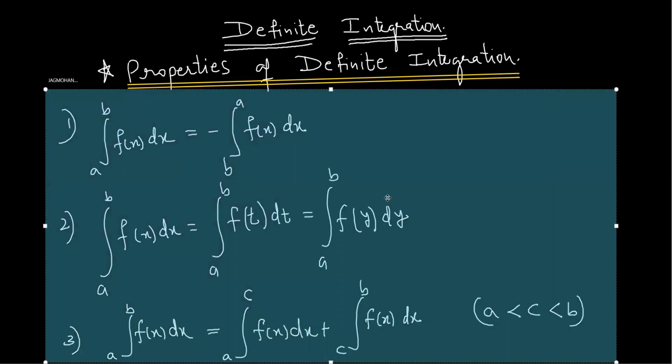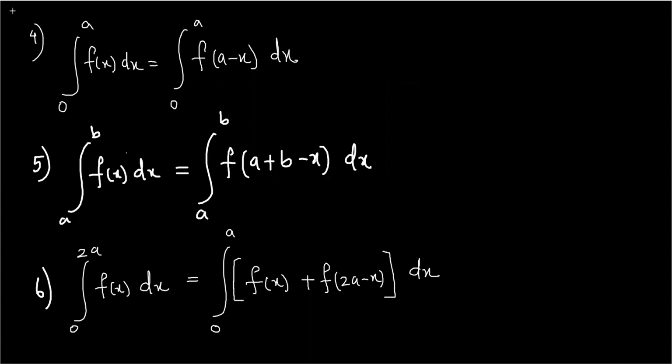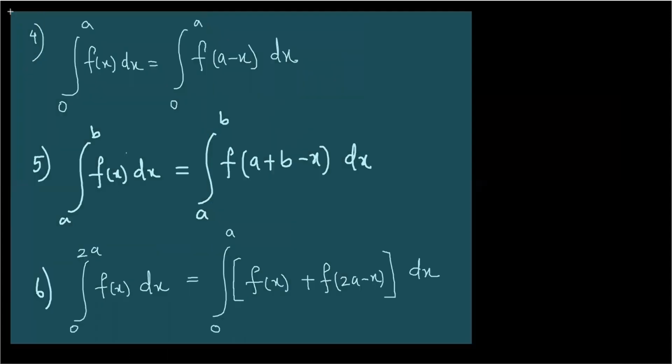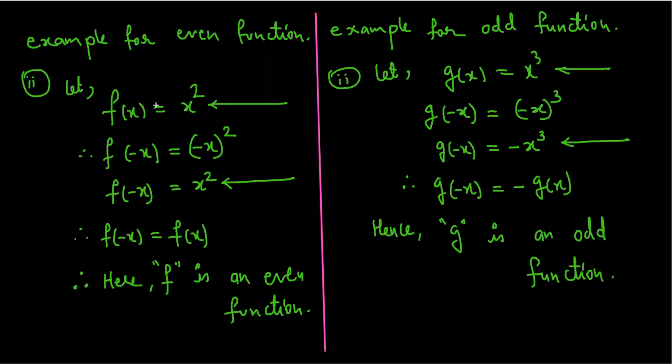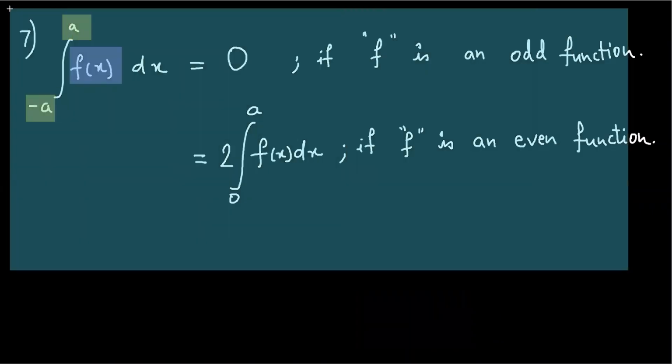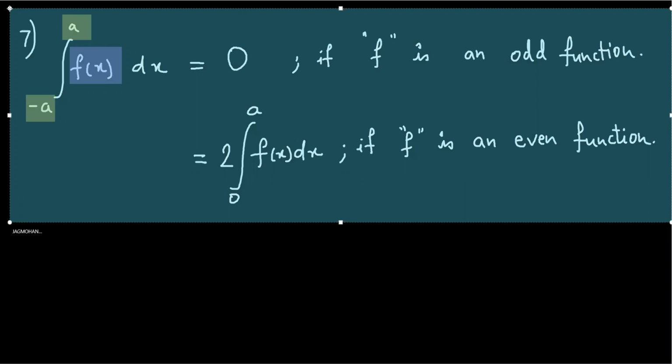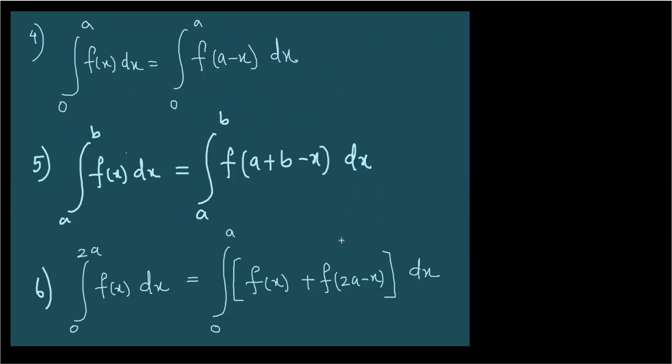For learning the proof of these 3 properties, you will notice that you have a single approach, whereas properties number 4 to 7 have another approach.